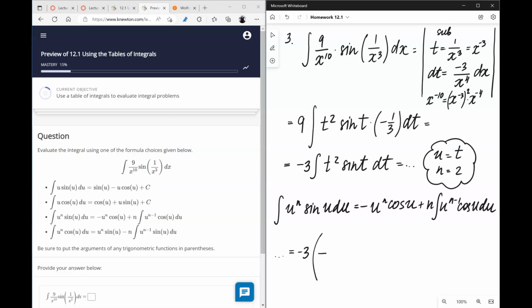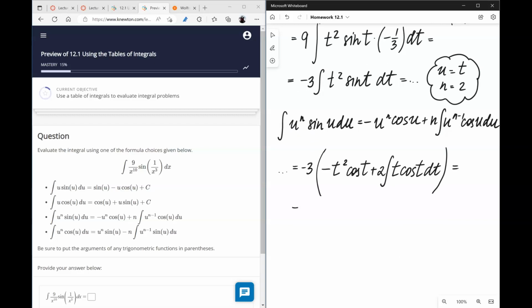So we're going to plug in t squared cosine t plus 2 integral, it's going to be t cosine t dt, and here we're going to actually push it a bit further, and instead of the integral of t cosine t, I'm just going to use that very second formula here.